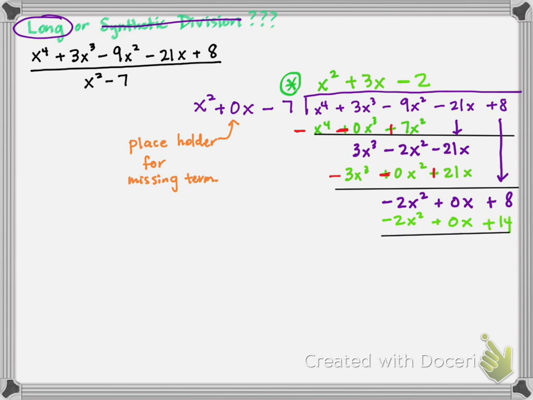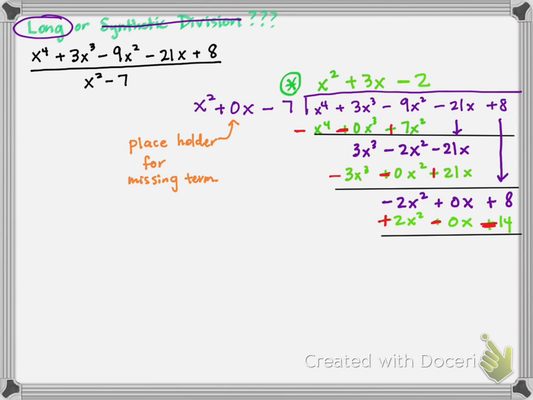From here, I'm going to take my red pen, change the symbols. So the negative 2x squared becomes now a positive 2x squared. 0 is 0, negative, that's fine. And then the positive 14 now becomes a negative 14. Then we go to our combine like terms step. 2x squared plus negative 2x squared is 0x squared. 0x minus 0x is no x's.